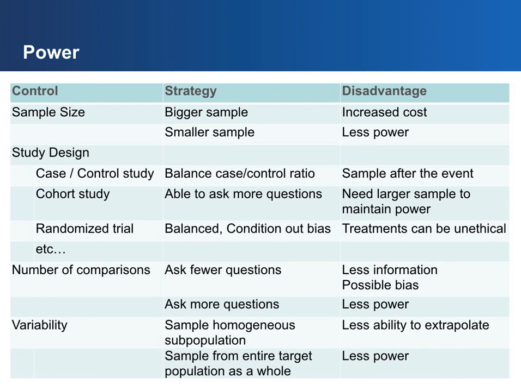And lastly, if we modify the variability of our population by sampling a subpopulation that is more homogeneous, then we will have greater power and be able to have a smaller sample size if that's an issue.